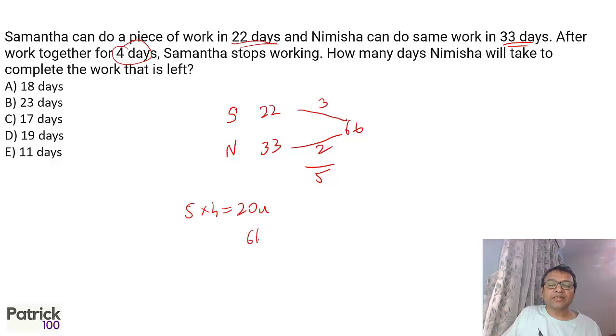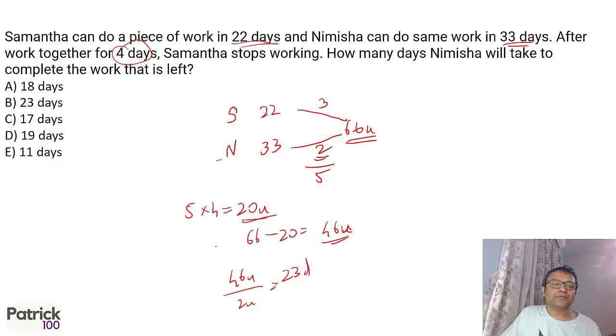How much is left? 66 minus 20, 46 units of work is left. Nimisha does 2 units every day, so 46 upon 2 will give you 23 days.